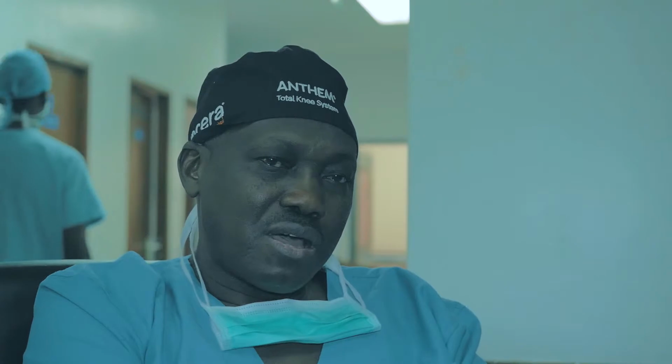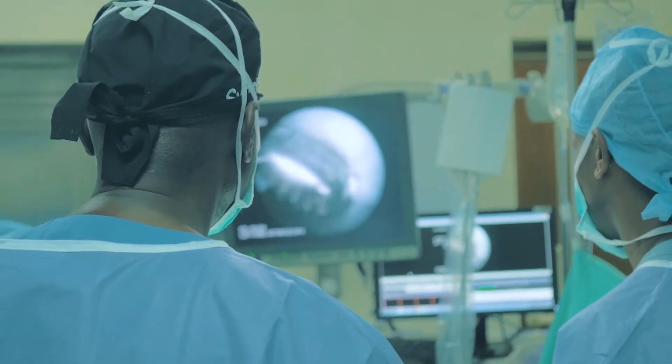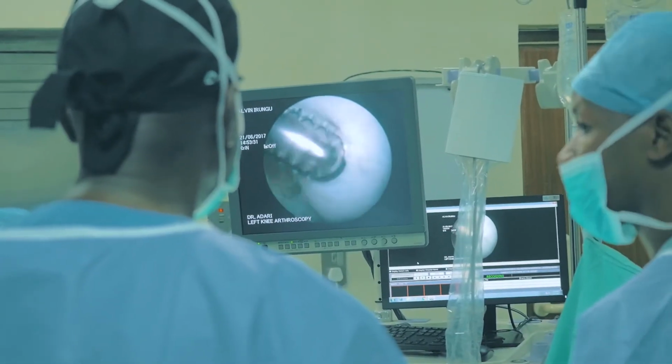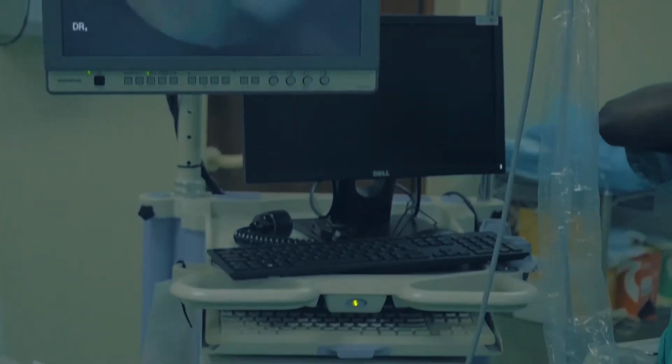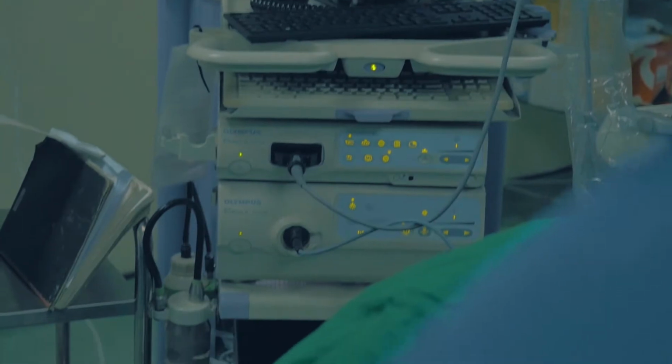It's so typical of a condition which we call osteochondritis dissecans, which is an articular cartilage disease, which is primarily because of bone disease, whereby the bone undergoes what we call necrosis. In other words, it dies.